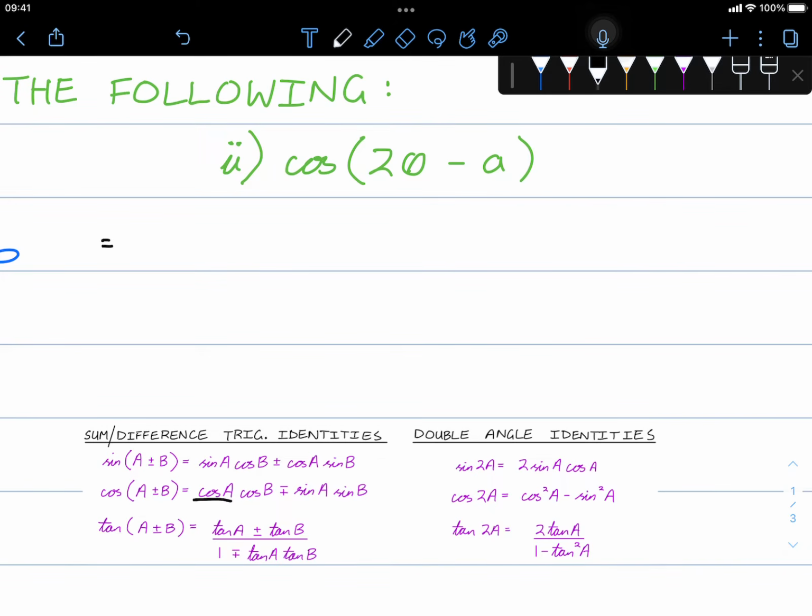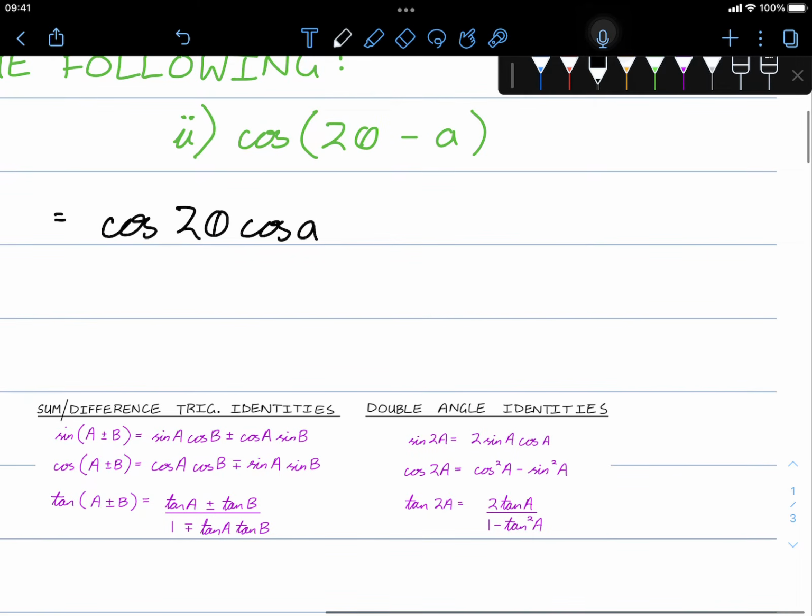So cos A is 2 theta, so it becomes cos 2 theta, and B becomes this one here, so it becomes cos A. Since we have minus, it becomes the plus that we're looking at, so plus sine A, which is sine 2 theta, sine B, which is that little a there.